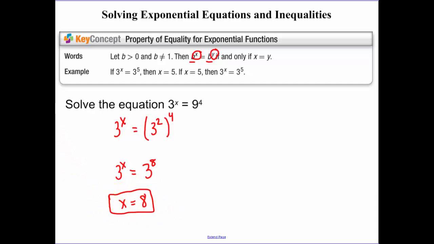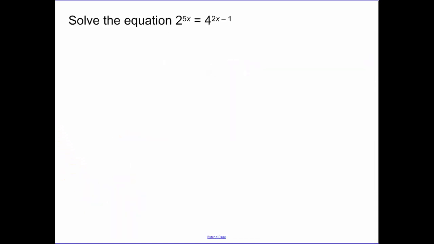Yes, they're going to get more complicated, like this example here. Okay, so again, solving the equation. Break down so that they're in the same base. 4 can be broken down into base 2. So I have 2 squared.